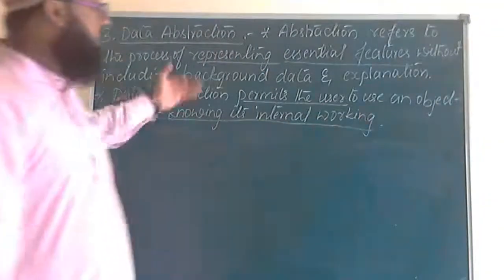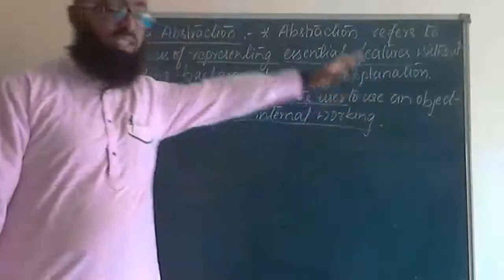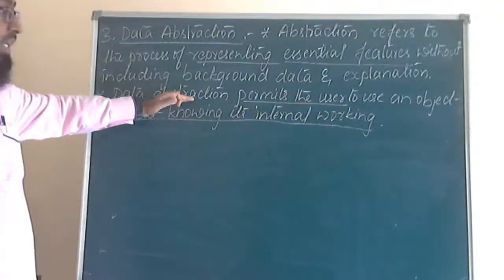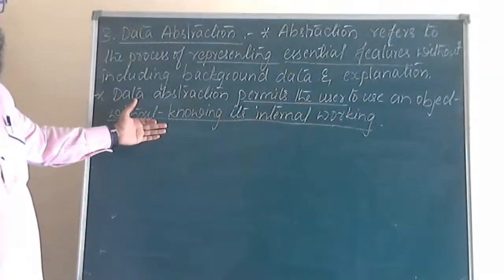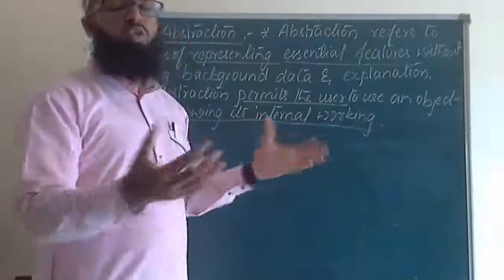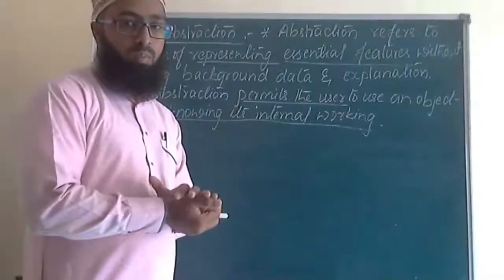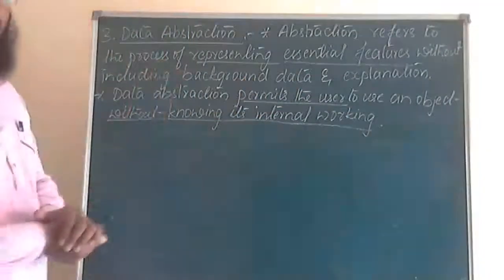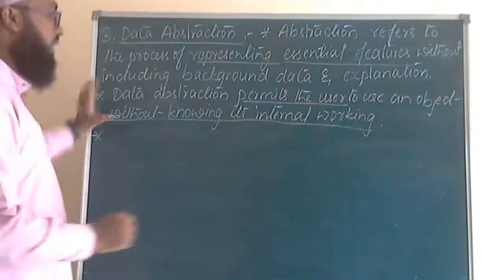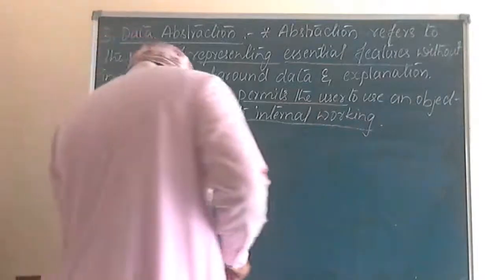A user can use an object with the help of data abstraction. How can he use the object? He doesn't know how the object is working internally. Without knowing that, a user is able to work with an object. So data abstraction provides this feature to the user.